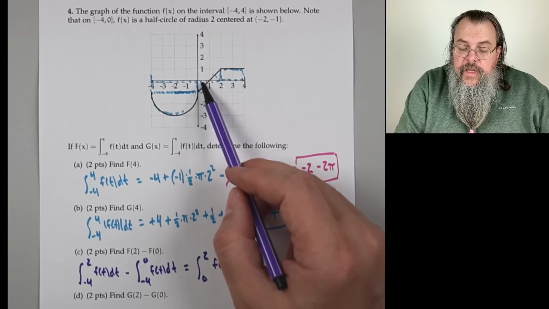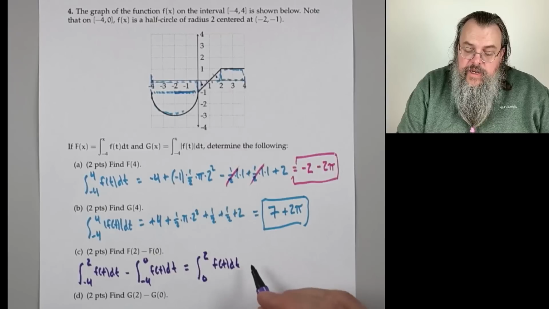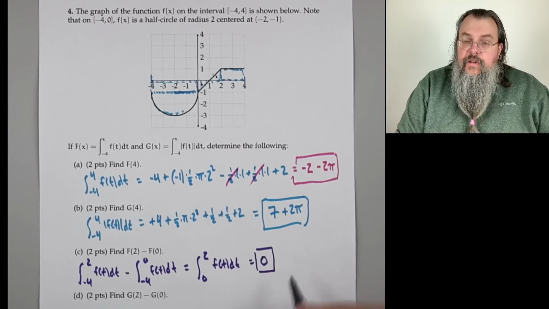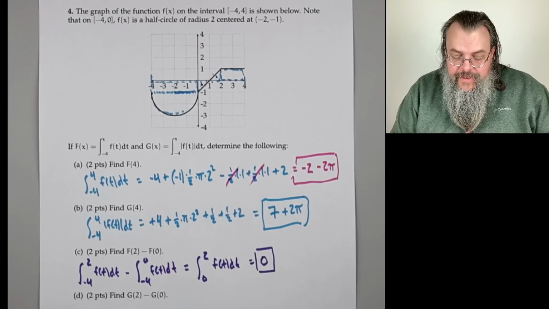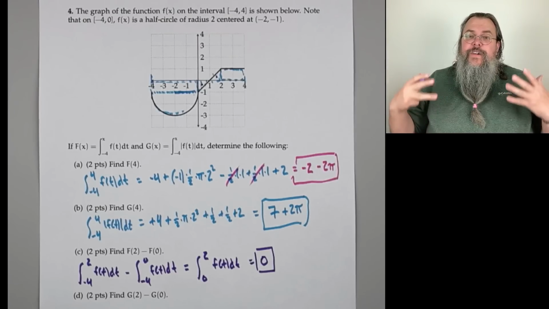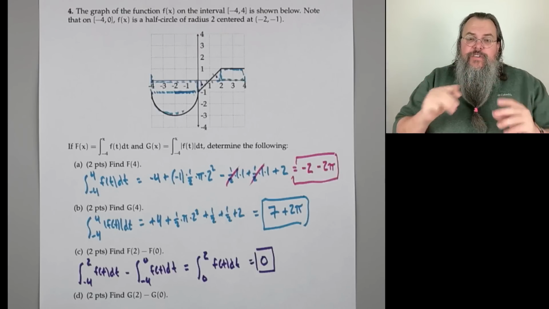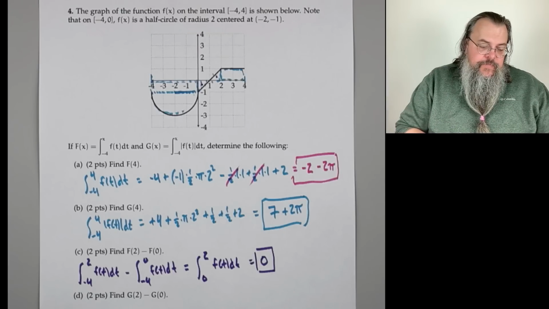Well, we see a negative piece, a positive piece, but they're equal area. They'll cancel out, and we get 0. That's that one. See, once you understand, it's all about grabbing the geometry of the picture, which is the right piece to grab. Life is good.